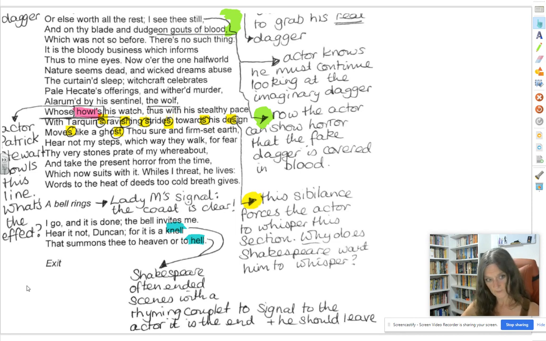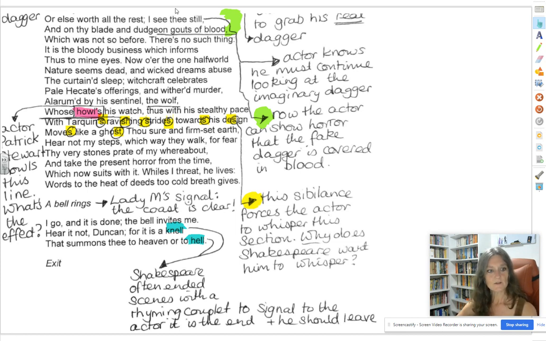And for me, it definitely made me question how right Macbeth is in the mind, because he didn't come across as okay. It did make me question his sanity with which he was doing this. So that was the impact it had on me. It made me feel a bit uncomfortable, as if this Macbeth, Patrick Stewart's Macbeth, was a damaged man, someone who's not in the right state of mind to make good choices.